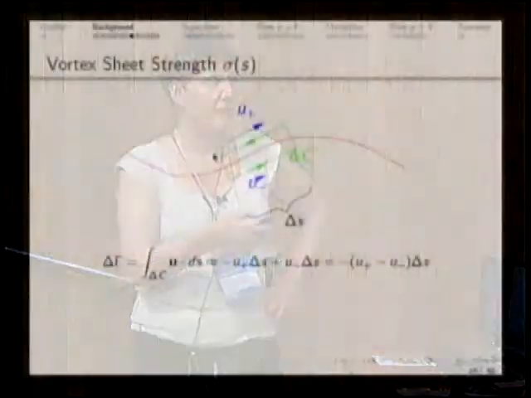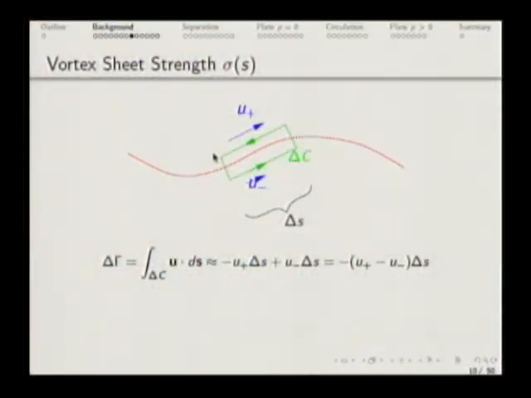there is one more thing that is important for what I do to understand about vortex sheets, and it's the vortex sheet strength. Okay, so if I look at my curve, and this curve has a tangential discontinuity. It has a discontinuity in the tangential velocity. It has a normal velocity which is continuous across this sheet. And I want to compute the circulation around a little piece of that sheet. So I'm going to call this delta gamma.